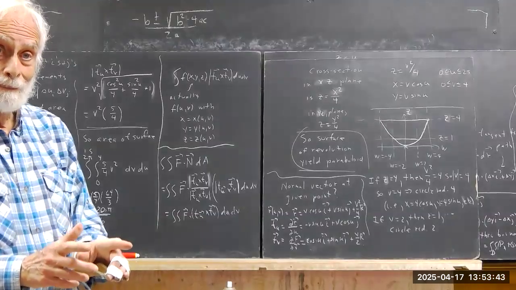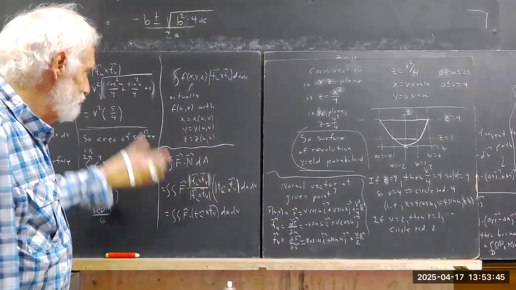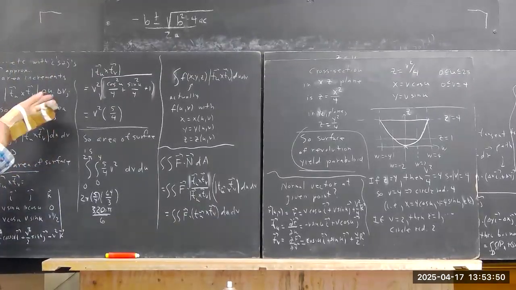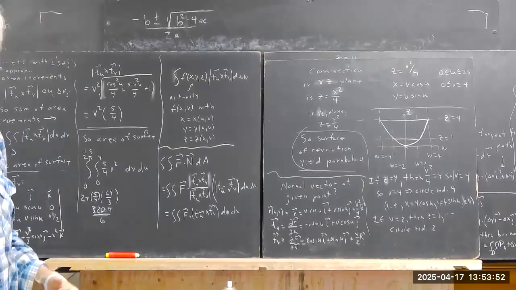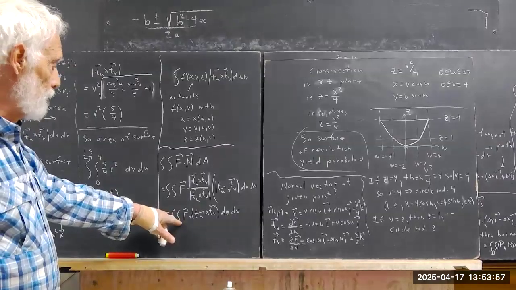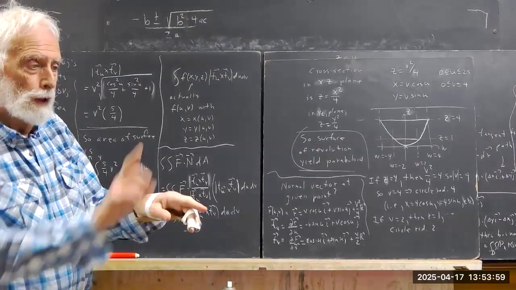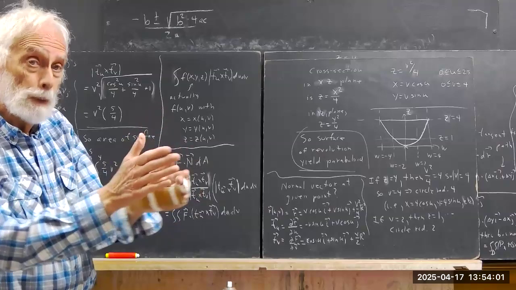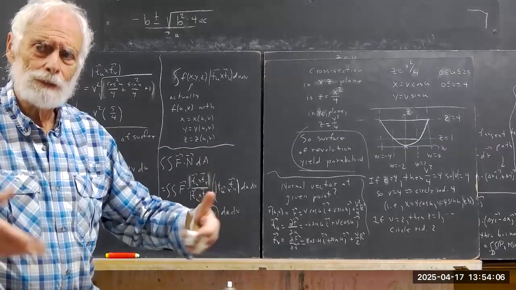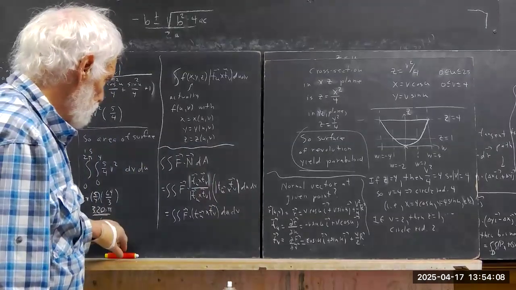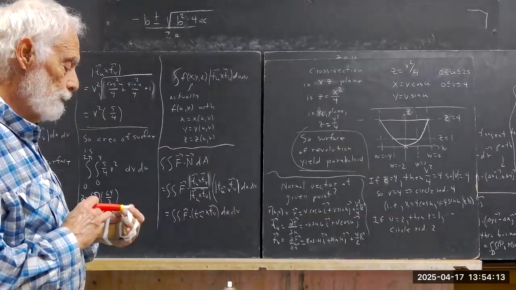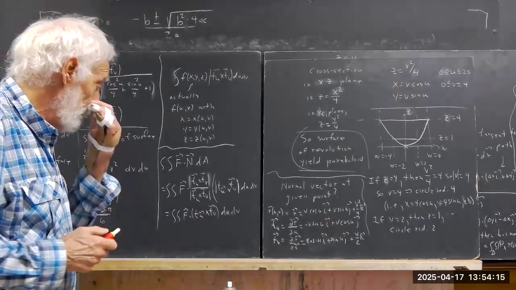It has area, the area increment magnitude of Tu cross Tv times the delta u times the delta v, and it's normal. So you're taking the dot product of a function with the normal vector multiplied by the area. And that's your flux. And that's, of course, a concept you need to ponder. Get used to. Flux is a big deal.